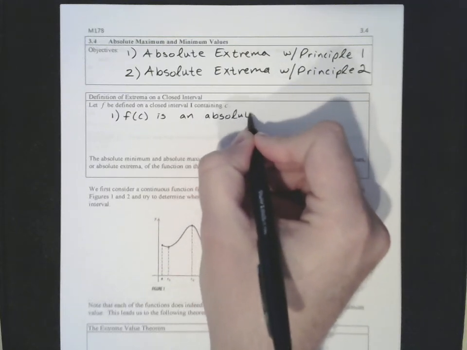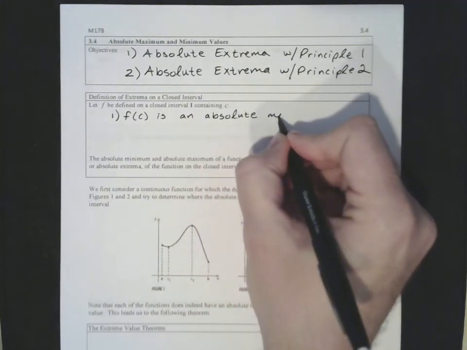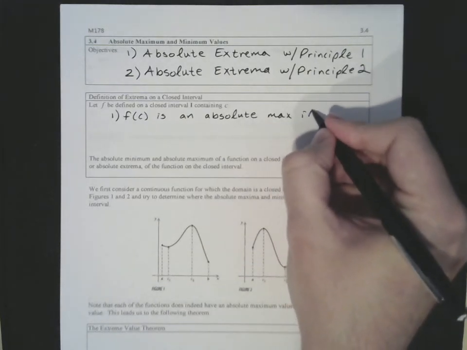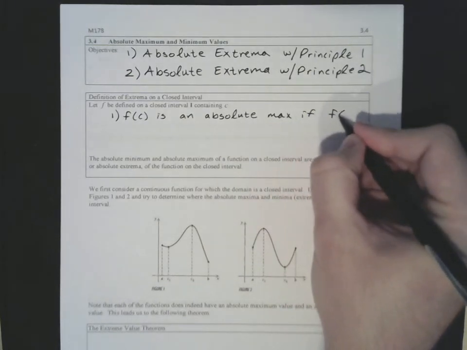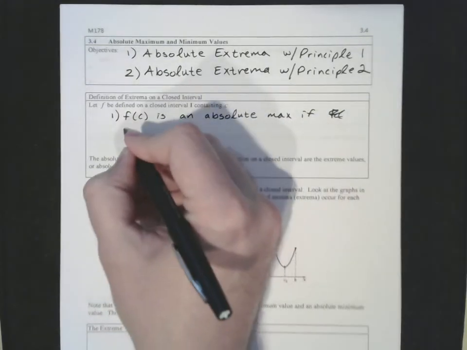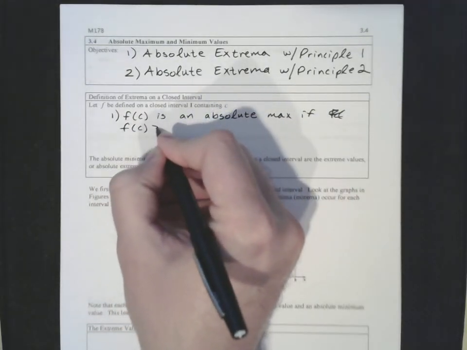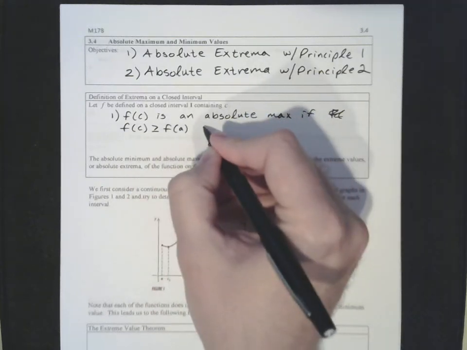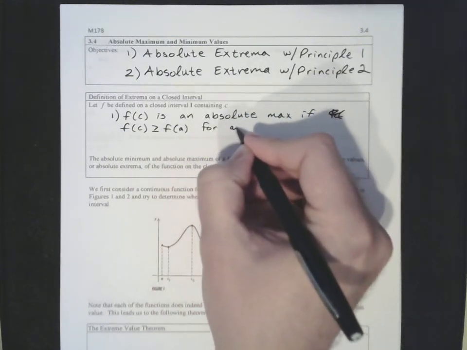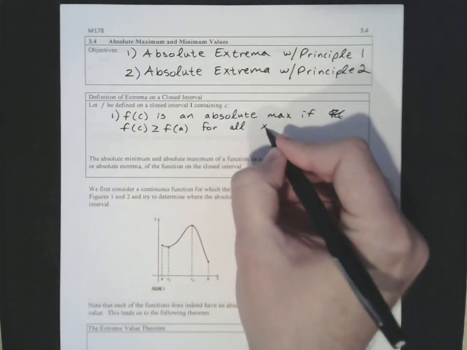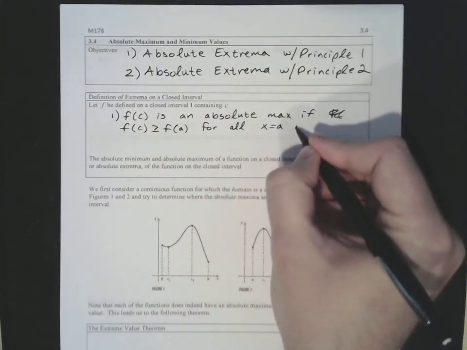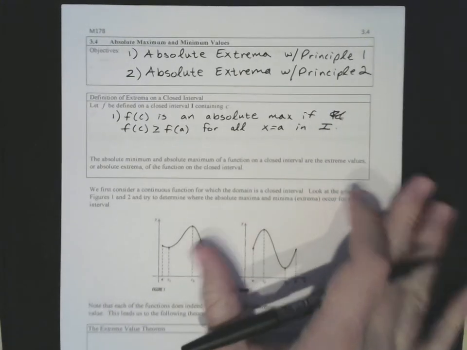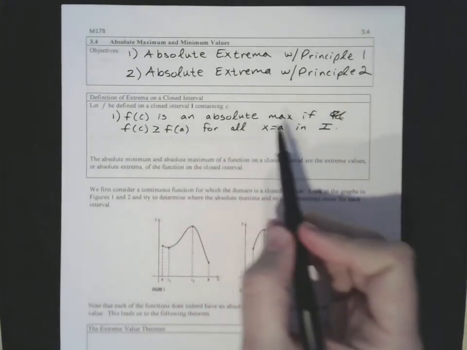And we're actually going to go one step further: absolute max, if f of c is greater than or equal to f of a for all a in that interval I. So essentially, we're bigger than everything on that interval.